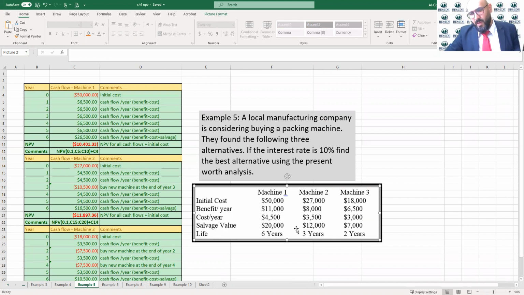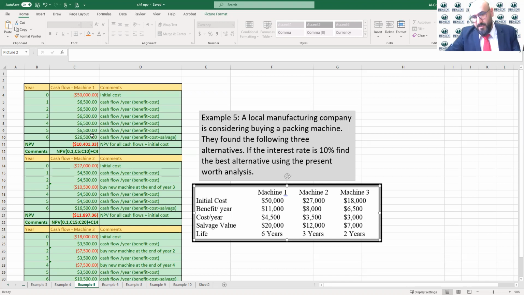Salvage value 20,000, 12,000, $7,000. The lifetime for these machines: machine A would be 6 years, machine 2, 3 years, machine 3, 2 years. As you see, these are unequal lifetimes, so we need to make this lifetime equal to each other so we could compare them. So the least common multiplier between 6, 3, and 2 would be 6 years.